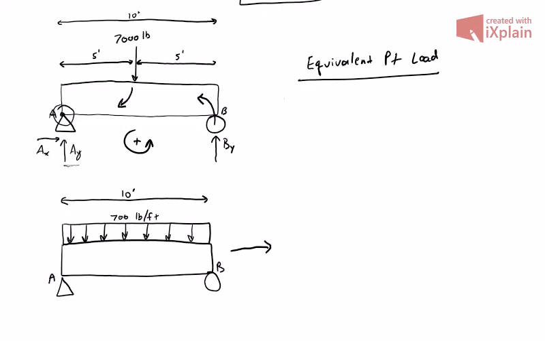So if we want to find the equivalent force, that's going to be equal to 700 pounds per foot times 10 feet. So the equivalent force is 7,000 pounds. All right, so the other thing we need to determine is where that equivalent point load is going to act. Technically, we have to find the centroid of the distributed load. We have our 700 pounds per foot, and we would want to find what is the centroid of that.